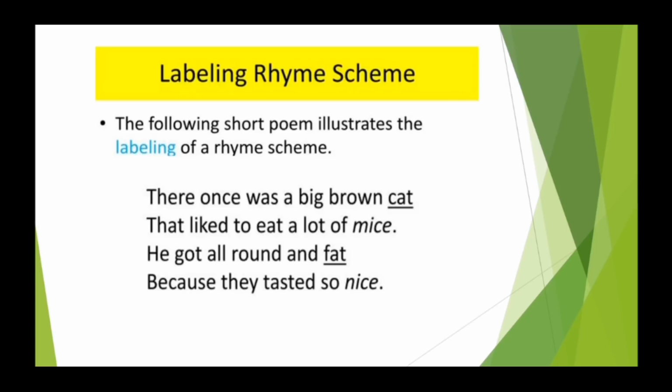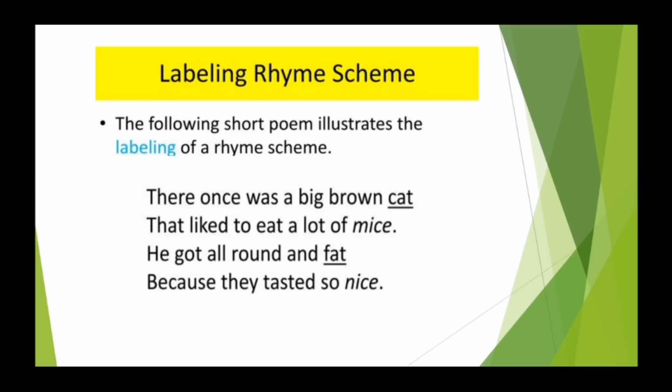So here we can see in this verse, the first rhyme sound we encounter at the end of the first line is cat. Because it is the first rhyme sound, it is labeled as A. Every time that rhyme sound is repeated, anytime something rhymes with cat, it is also called A.